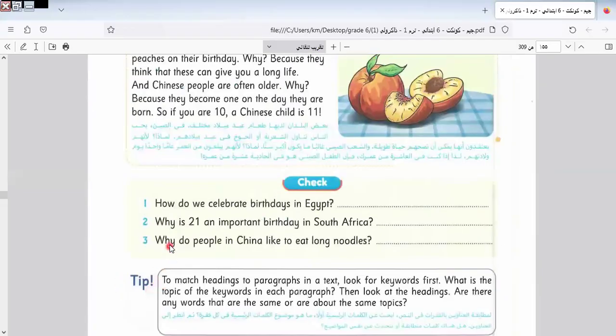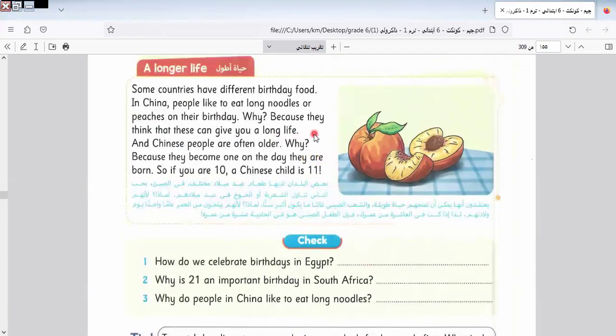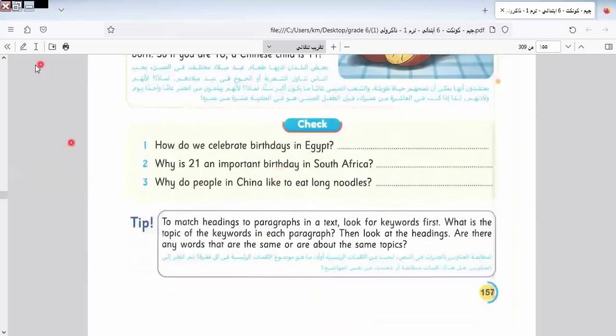Another one here. Why do people in China like to eat long noodles? Why do they eat long noodles? Because they think that it can give them a long life.